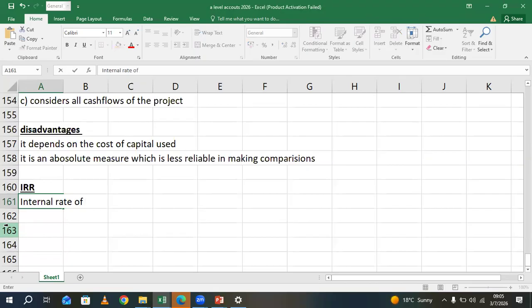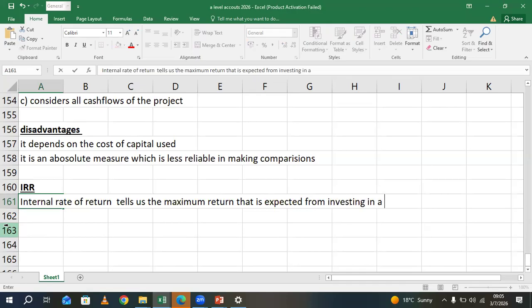The internal rate of return tells us the maximum return that is expected from investing in a certain project.